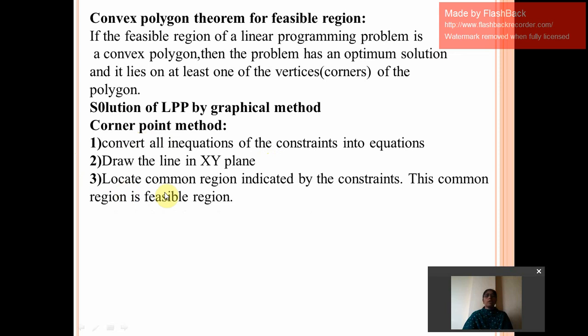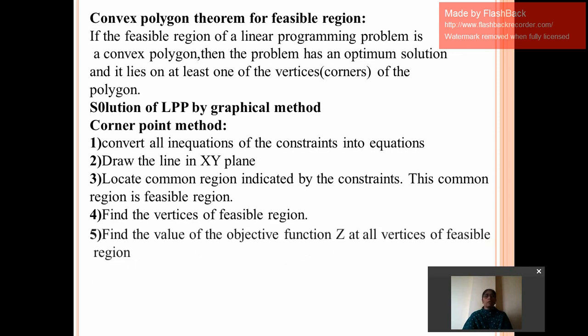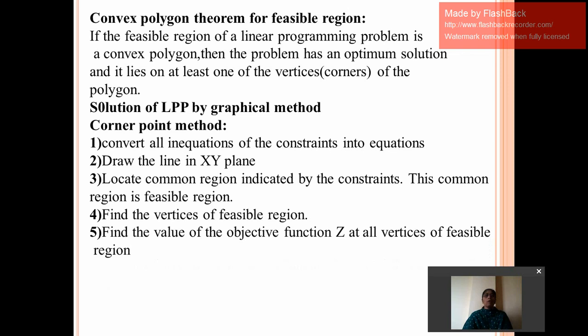Locate common region indicated by the constraint. This common region is feasible region. Find the vertices of feasible region. Find the value of objective function z at all vertices of the feasible region.